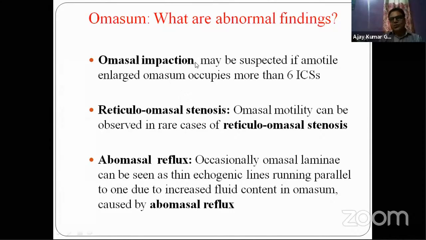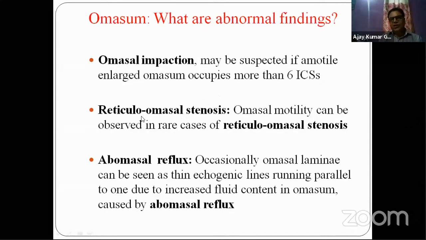In case of omasal impaction, the omasum will be enlarged and it occupies more than 6 intercostal spaces. Normal omasum location is between the 6th and 11th intercostal space. So if it occupies more than 6 intercostal spaces, that definitely gives an indication of omasal impaction.